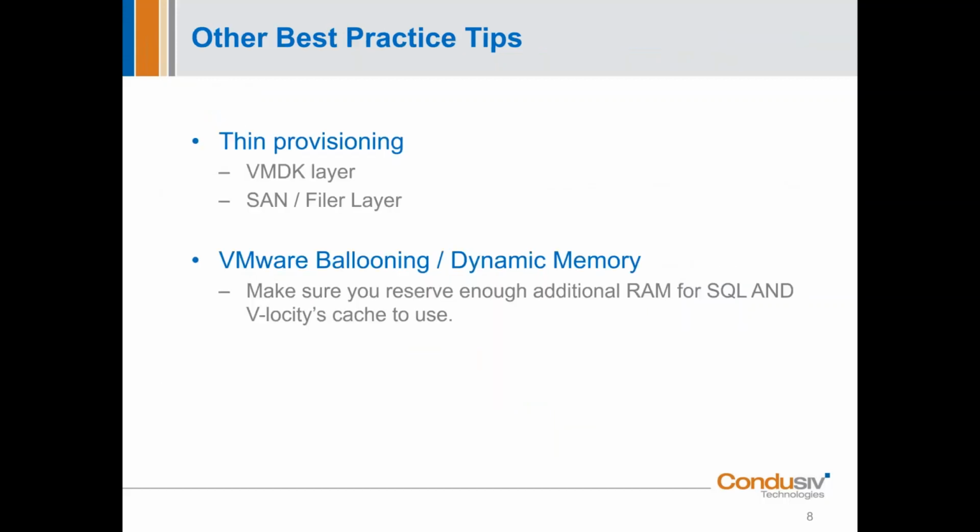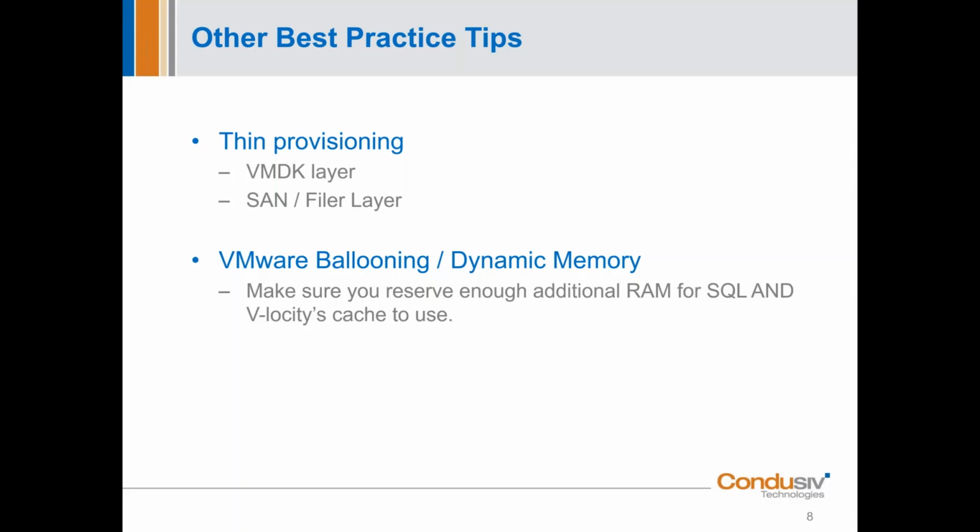Now, if you're using thin provisioned storage, Velocity can also help you reclaim space and manage that thin provisioned storage. For example, if you're using thin provisioned VMDK files in VMware or dynamic disks in Hyper-V, it can automatically zero out the free space for you quietly in the background using idle resources so that you don't have to wait for hours for an sdelete pass to complete.